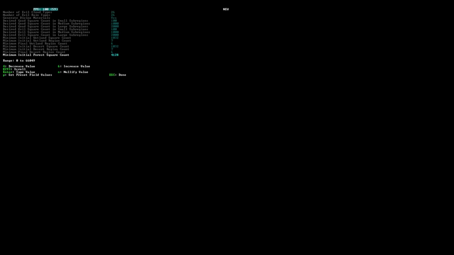So yeah, this is something that you could play with. The higher the number of the initial, the more squares of that biome will result. So right now there are going to be more forests than anything else, and more mountain ranges, and more oceans than anything else. We have glacier counts, tundra, grasslands.